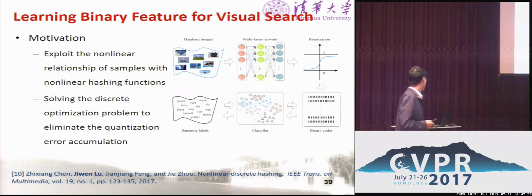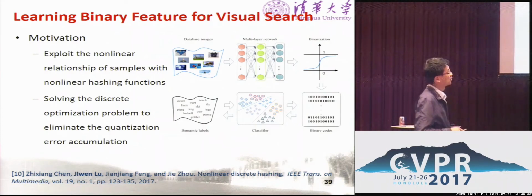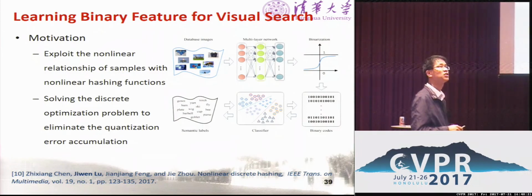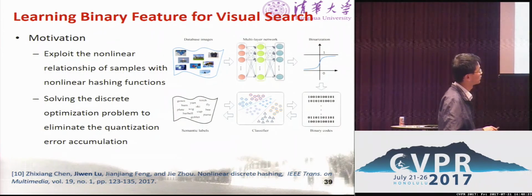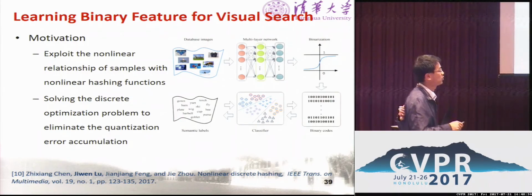This year, we also have another work to enhance the deep hashing learning method. Previously, I mentioned that in the top layer, the quantization part usually has some large loss. So what we want to do is emphasize this quantization. This year, we improved this method: not only using the quantization, we use a method called discrete hashing. So we propose a method called nonlinear discrete hashing. First, we extract the features for each image, and then we feed them into the network.